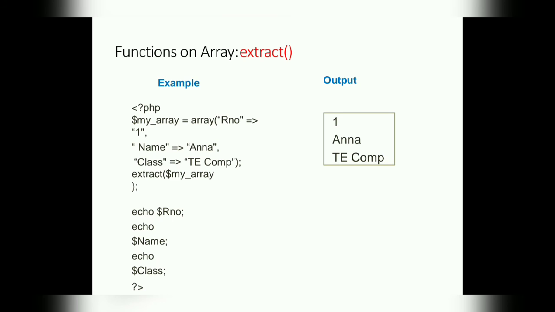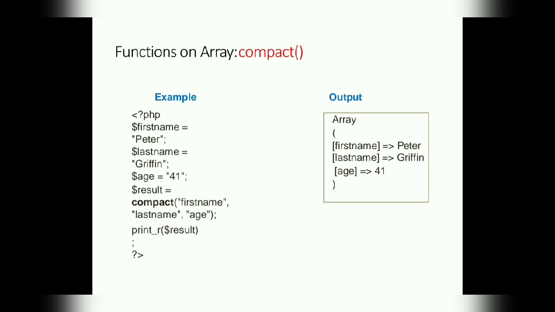Then extract. Here the PHP script starts with $my_array, and the array holds the values roll number 1, name Anna, class tcom. Now I want to extract the values of my array, so we use extract of $my_array, that is the array name.